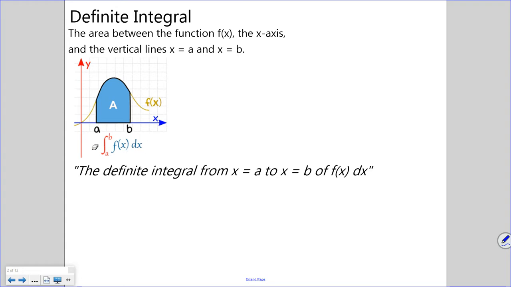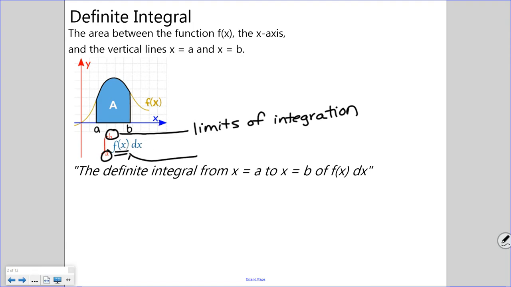I read this expression out loud as the definite integral from x equals a to x equals b of f of x dx. You'll see numbers in for a and b. These numbers are called the limits of integration. And the f of x part is what we call our integrand.